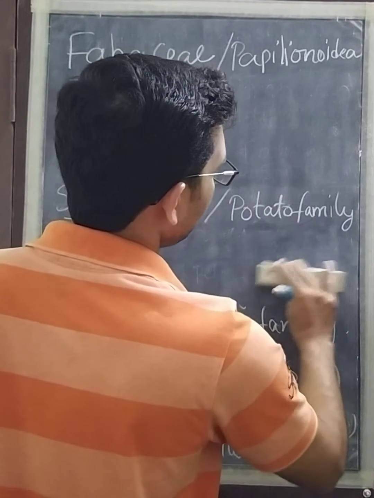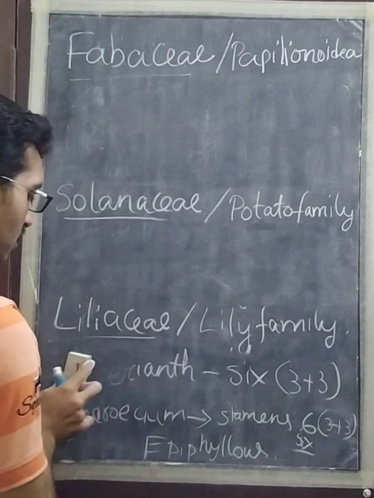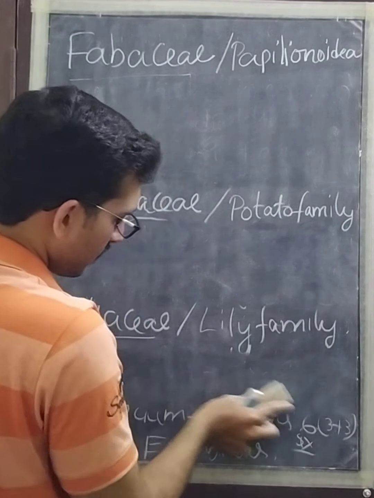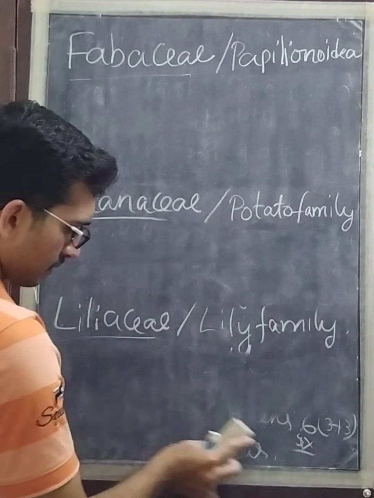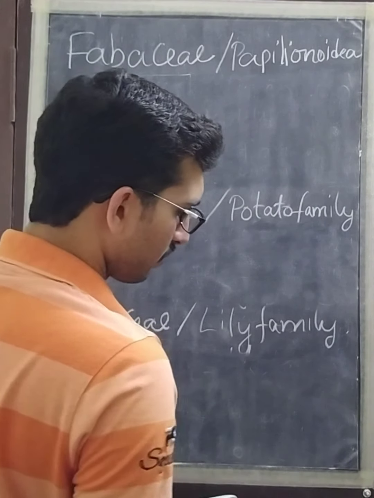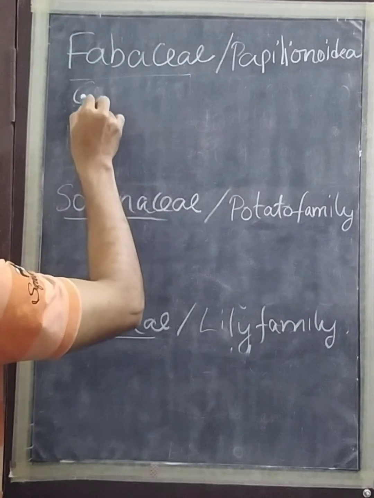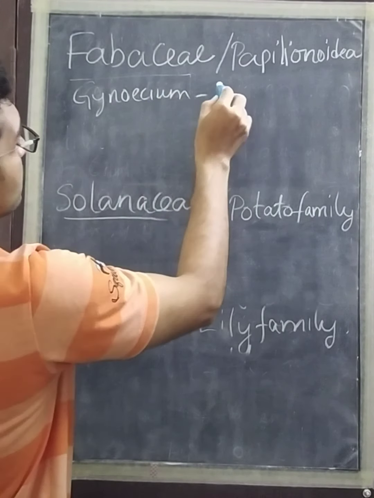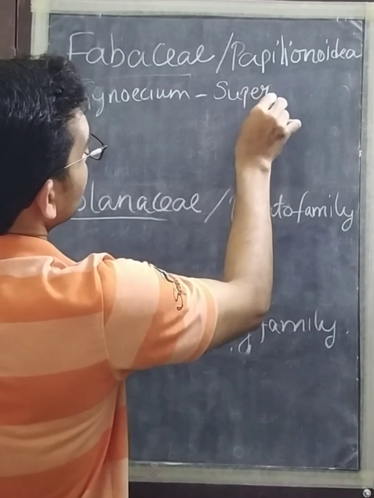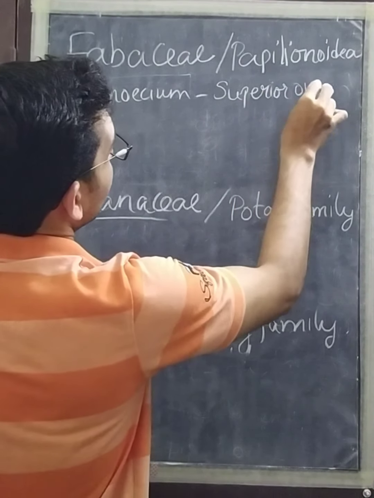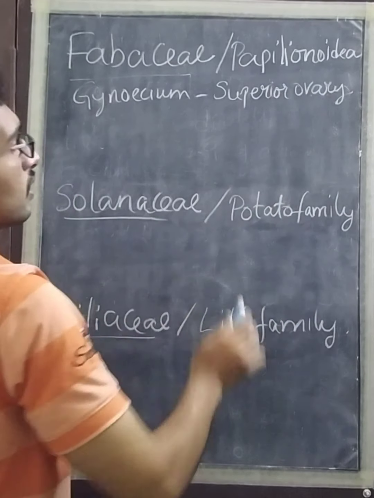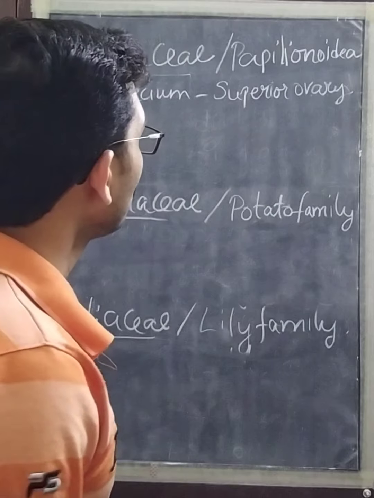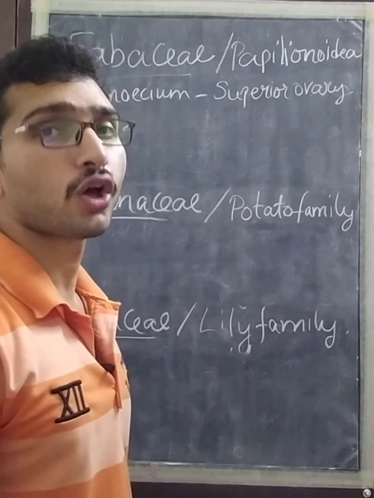The family Fabaceae has a superior ovary, and it is unilocular.